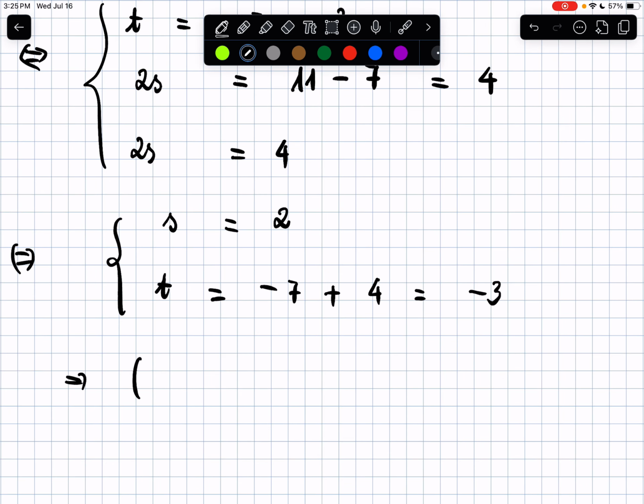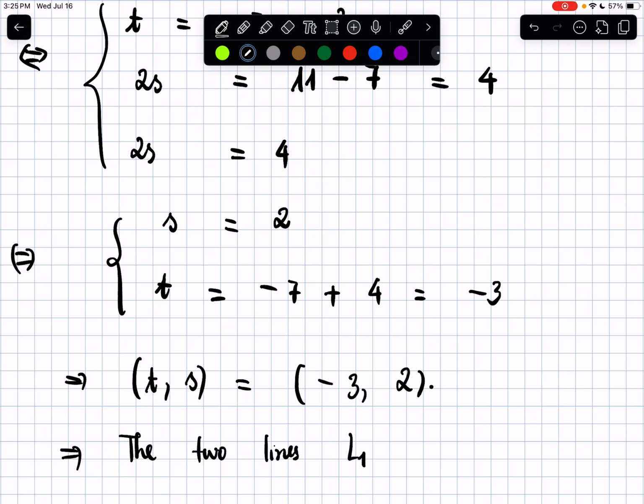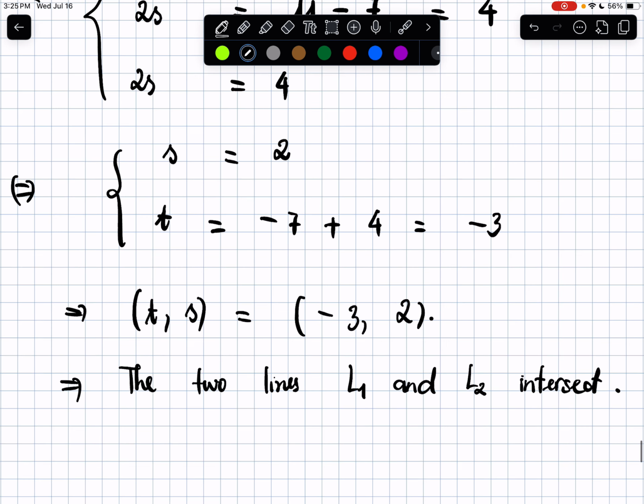So t and s equal to minus 3 and 2. This implies the two lines L1 and L2 intersect. And actually we can even find the intersection point.